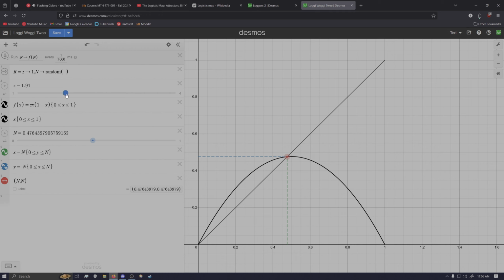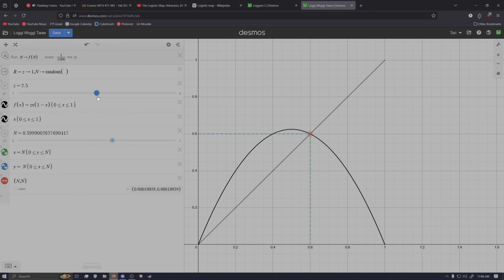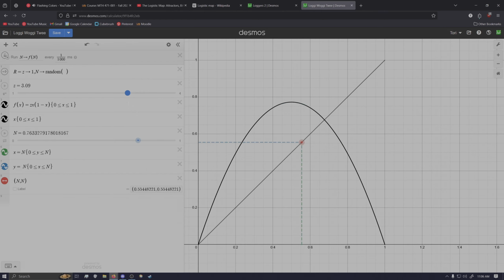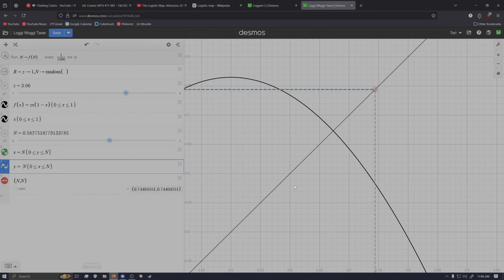But something interesting happens when we move our growth rate up to around 3 point something. It splits. Now when we run the equation over and over again, and I am having this run 1,000 times every second, it splits and stays stably in 2 different locations. And that's really interesting, because why would it do that?